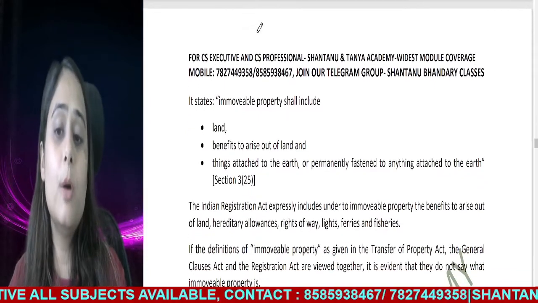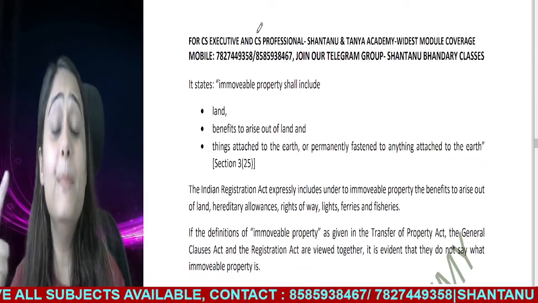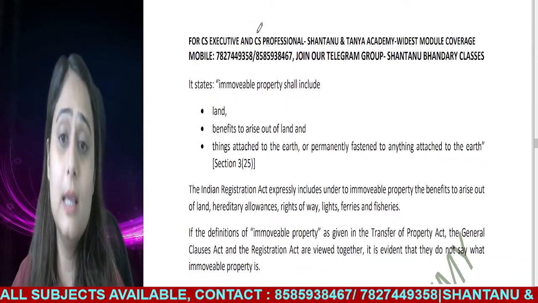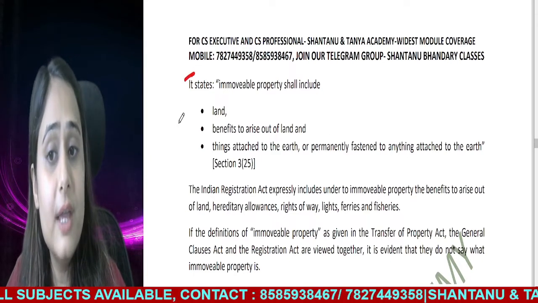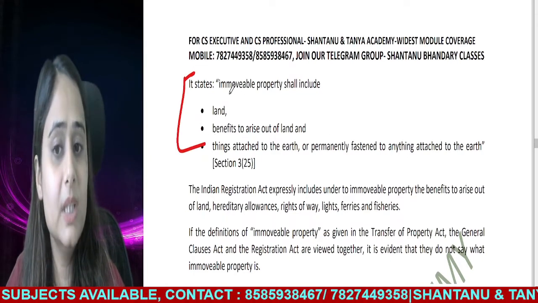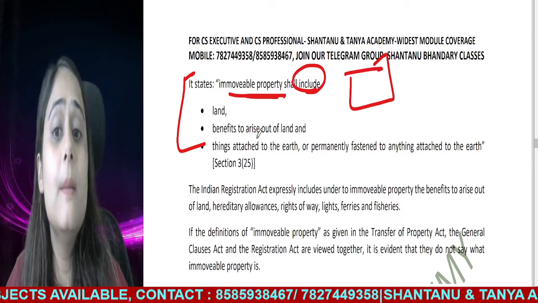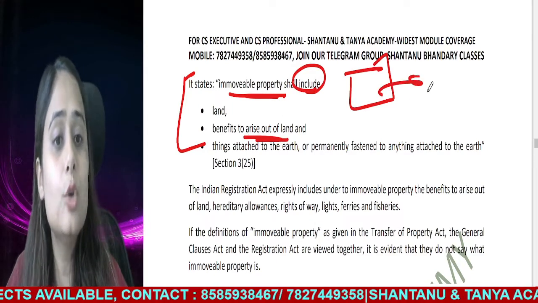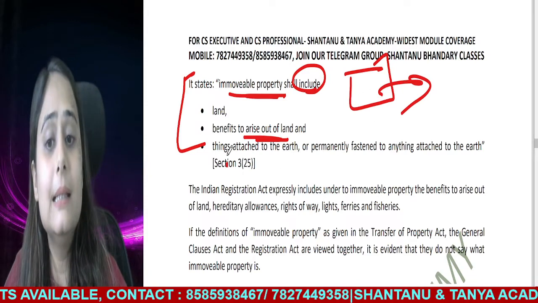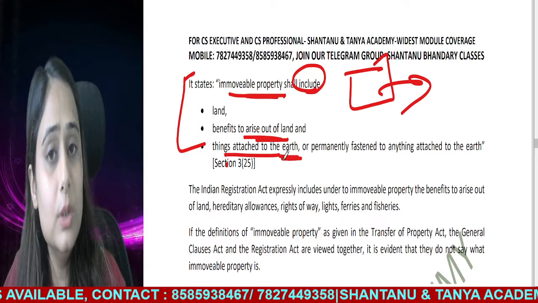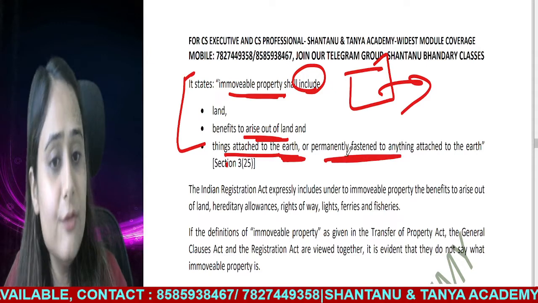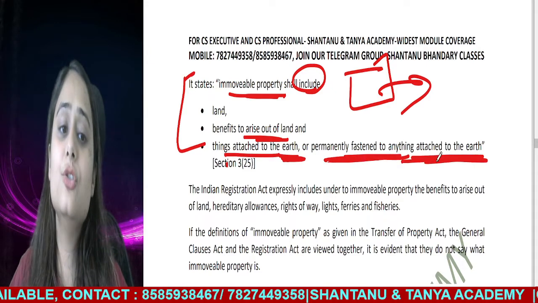So immovable property shall include land, benefits arising out of land. This you need to study very, very carefully. That immovable property includes land, correct? Benefits arising out of land, correct? And the other things attached to the earth or permanently fastened to anything attached to the earth.